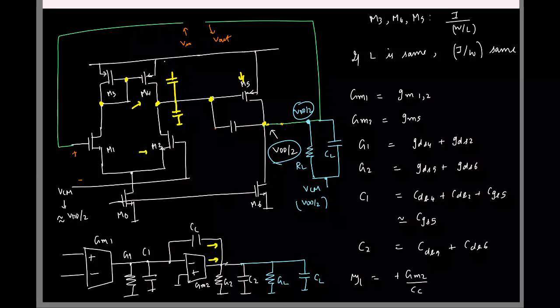And this right half plane 0, as we saw, is a bad thing because it will add phase lag and delay and will degrade your phase margin. People have had many years to think, and they have come up with techniques to eliminate this right half plane 0. So let's look at them.